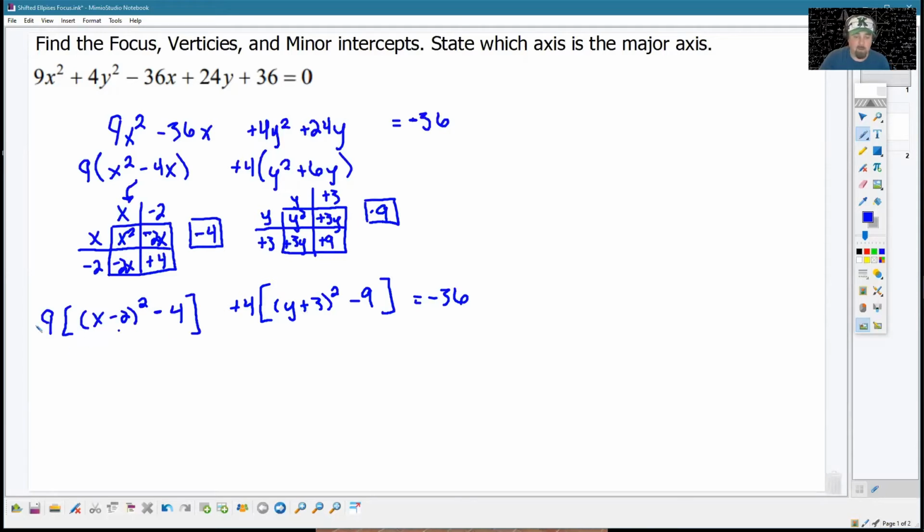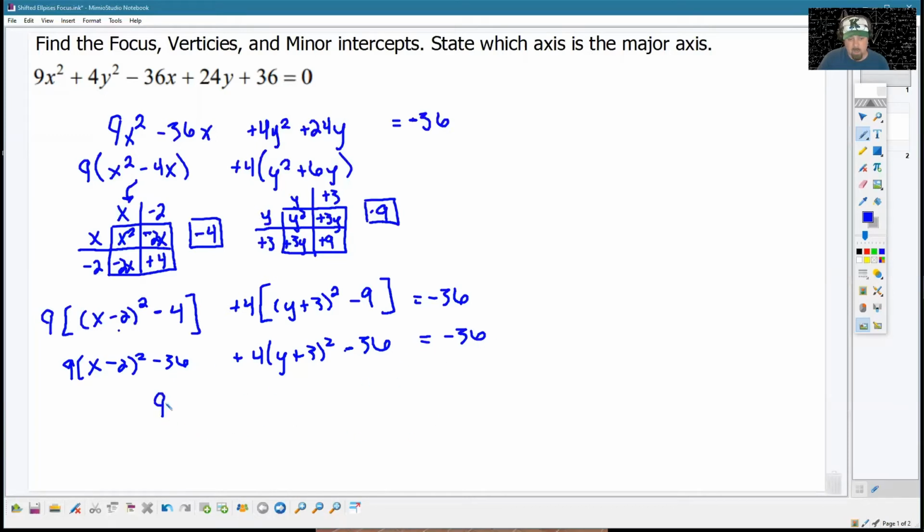So now we need to distribute so that we can move all the constants to the right side and then divide. So we get 9 times (x minus 2) squared minus 36, then plus 4 times (y plus 3) squared minus 36. When we put these on the other side, they both become added, so that'll cancel one out, and then we'll get another one.